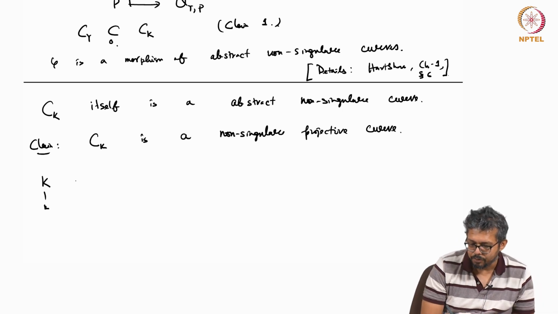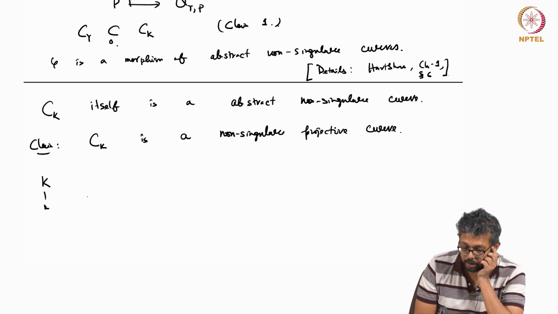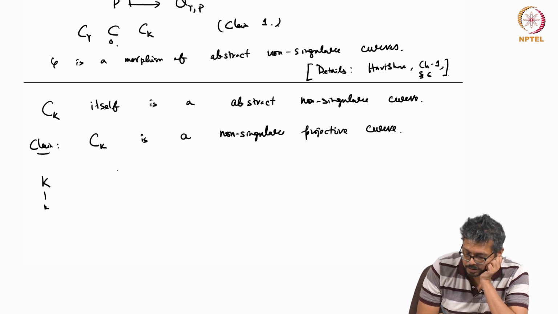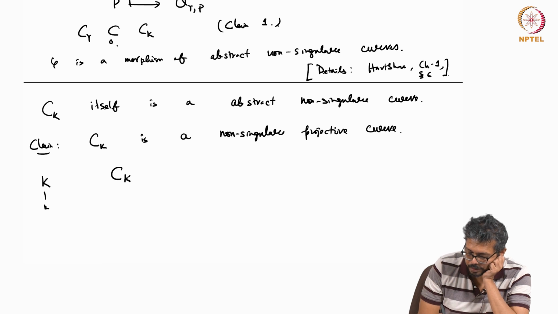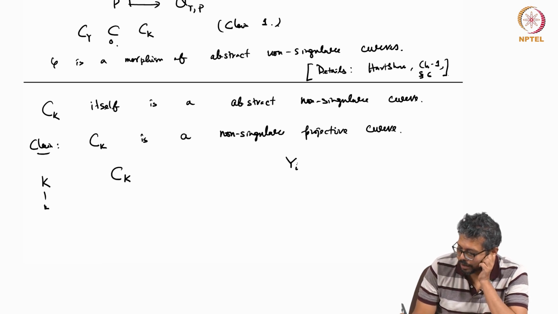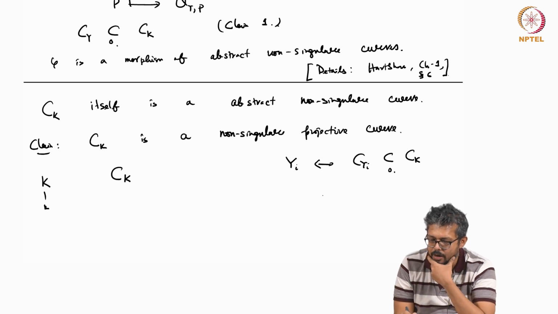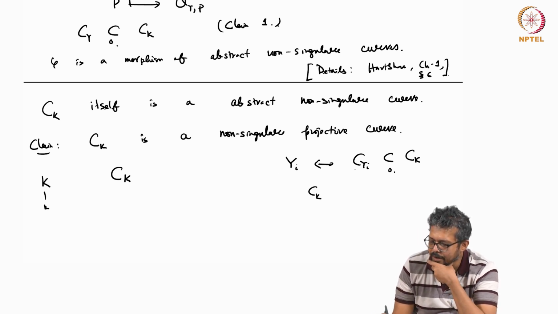So the idea of the proof is this. If you take any non-singular projective curve Y_i, it will correspond to some C_{Y_i}, which is an open subset here. Now the point is that the complement is a finite set. In that sense you can cover C_K by finitely many Y_i, such that C_K is the union of the C_{Y_i}.